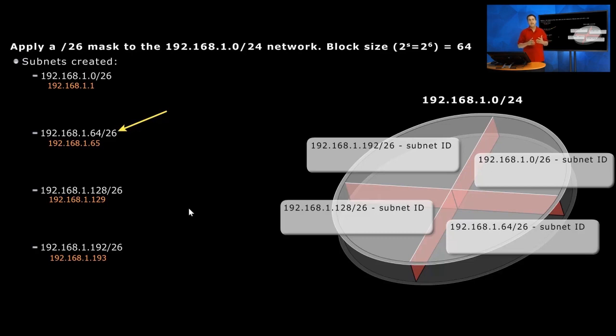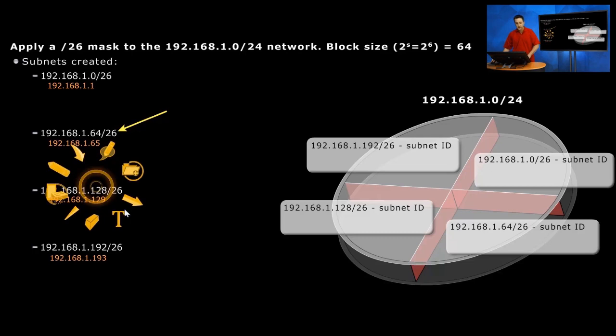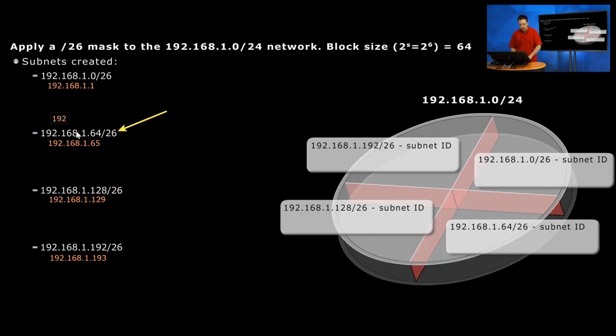So the very last address in the first subnet is going to be 1 less than the next subnet ID. So we can say it's 192.168.1.63. So that is going to be your directed broadcast address.